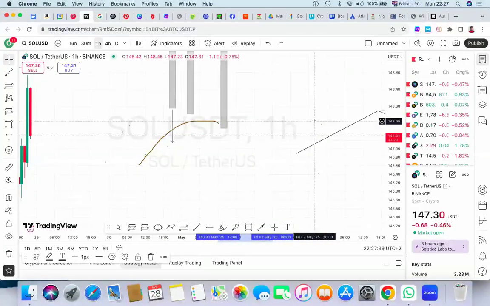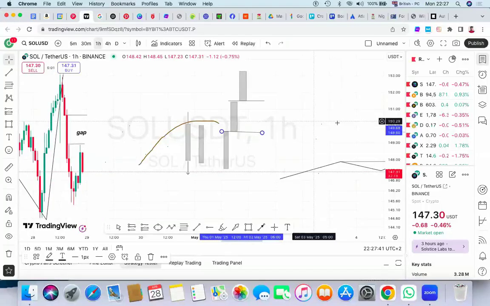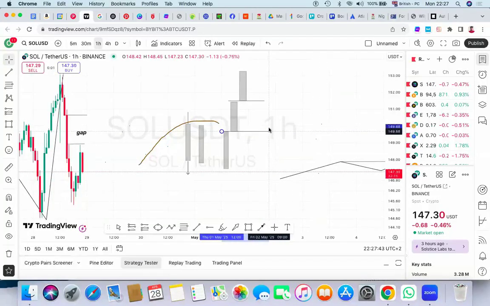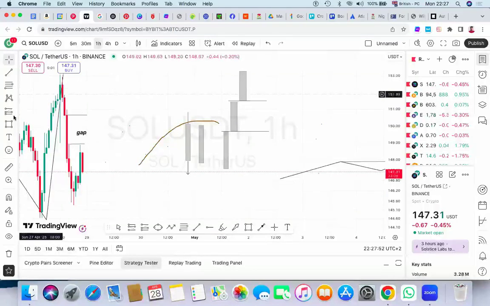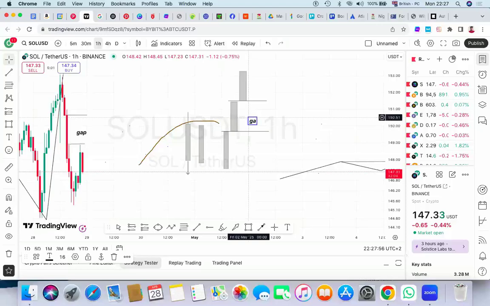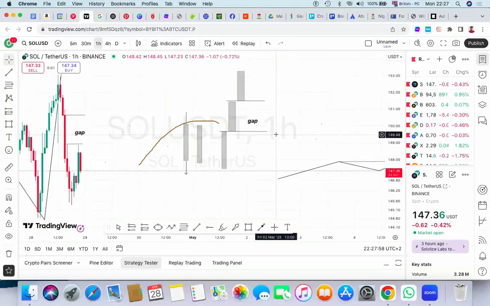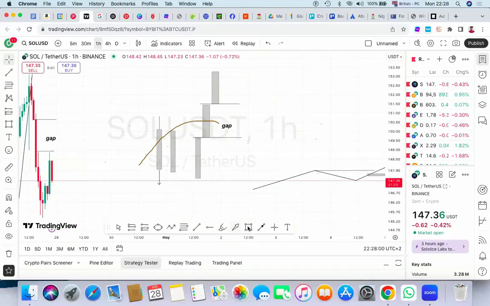And at times, another scenario you will see in the market. So you have your gap here. Another scenario we see is you having this.